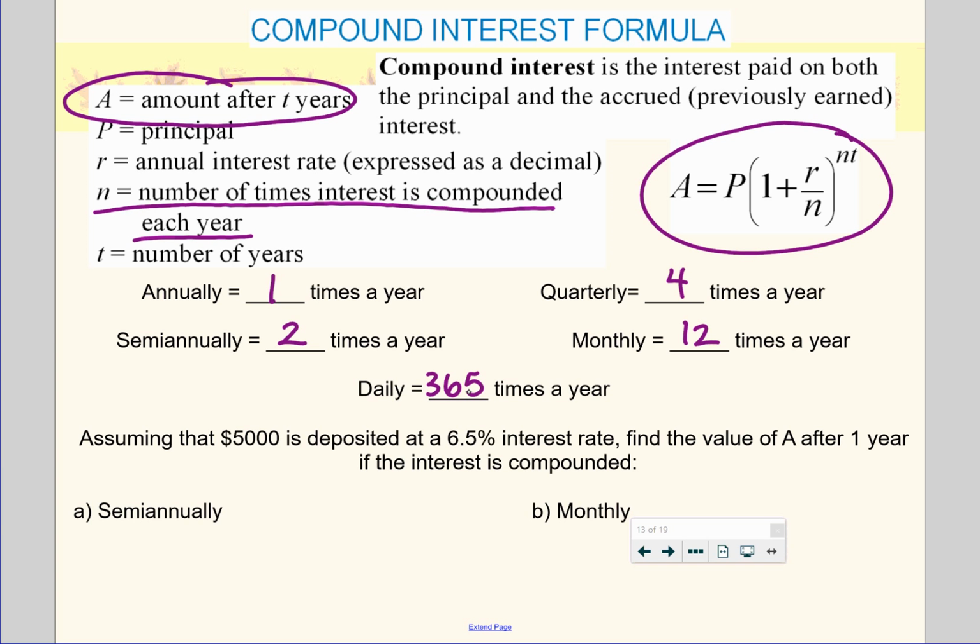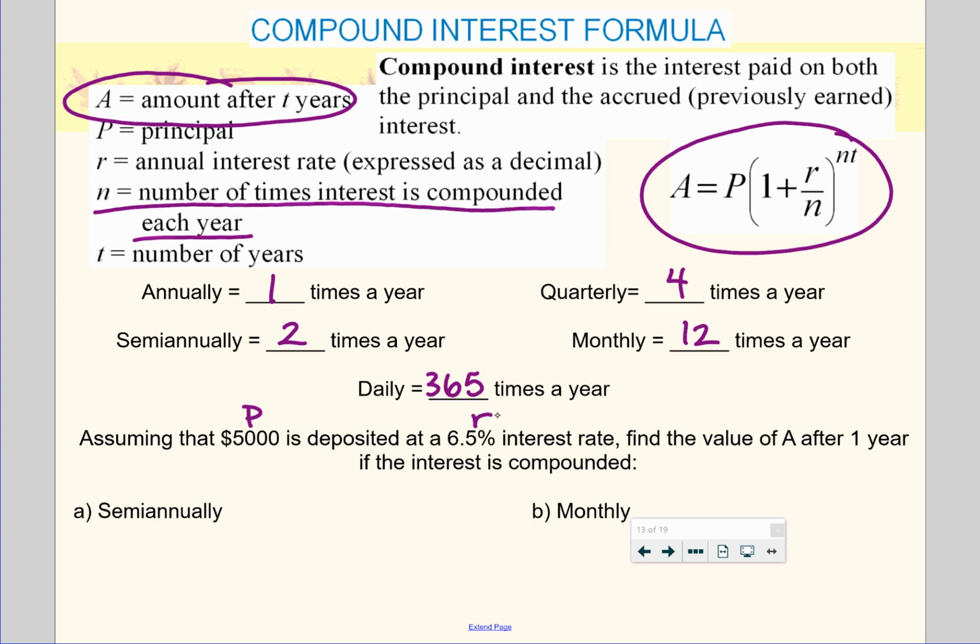So we're going to do an example at the bottom here. It says, assume that $5,000 is deposited at a 6.5% interest rate. We're going to find the value of A, the total amount in the account, after 1 year. If the interest is compounded, we'll do it semi-annually first, and then we'll compare that to monthly second. What is $5,000? What variable? 5,000 is P. 6.5% is what variable?